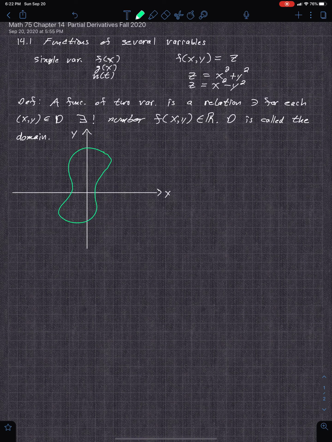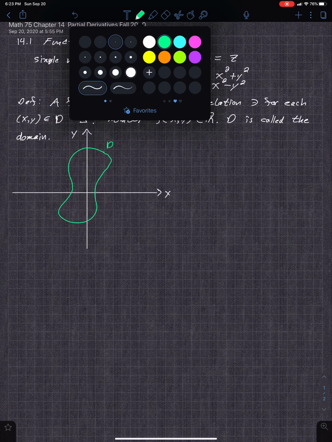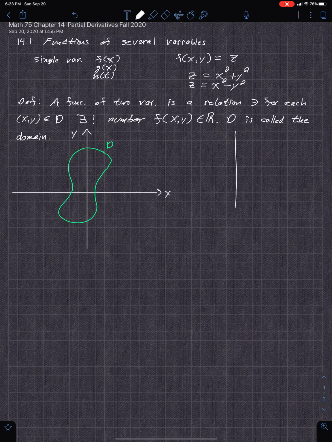Okay, so that's D. And I'm going to map into the real axis. So over here is like a real number line. That's your f of x, y. So this is basically your z equal to f of x, y.